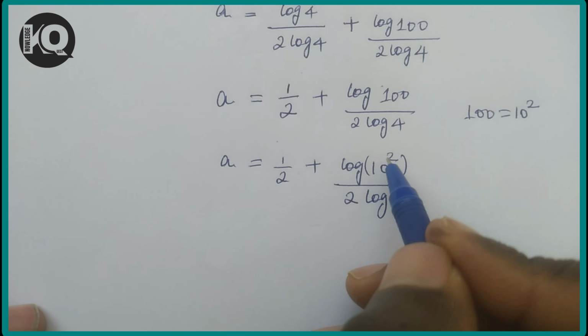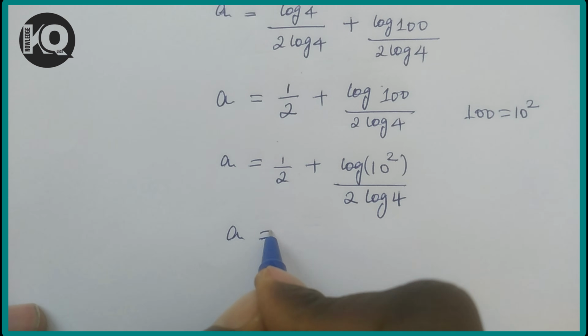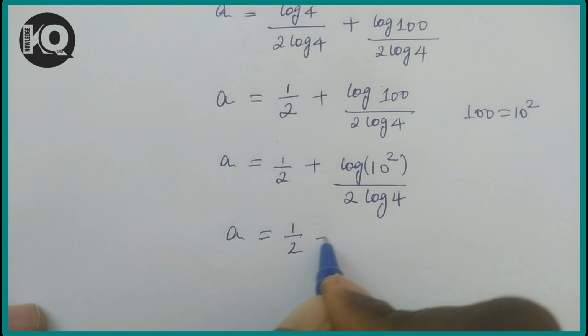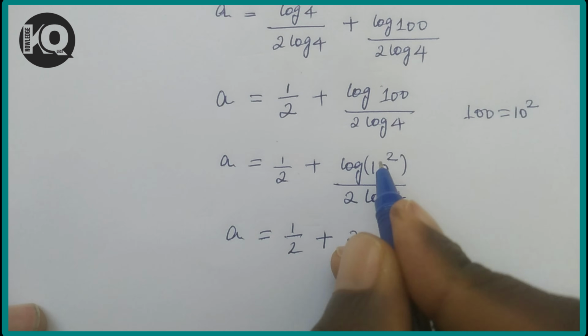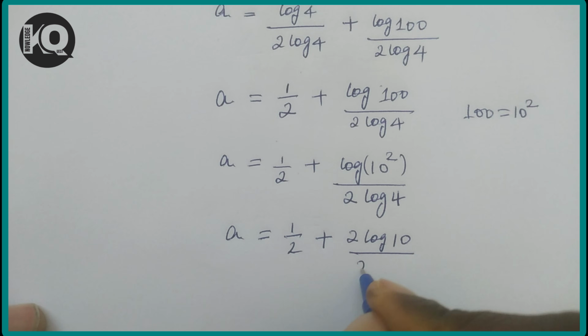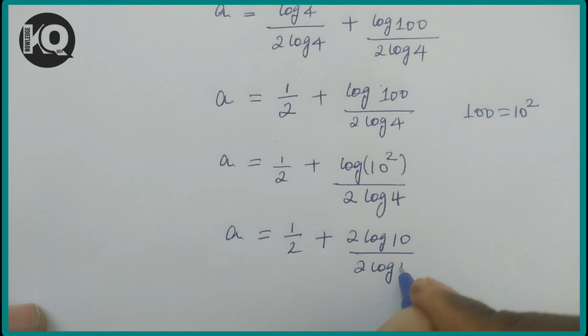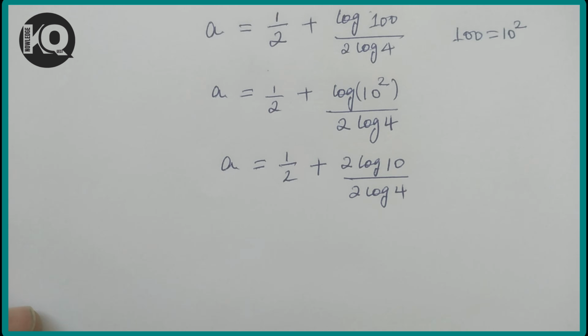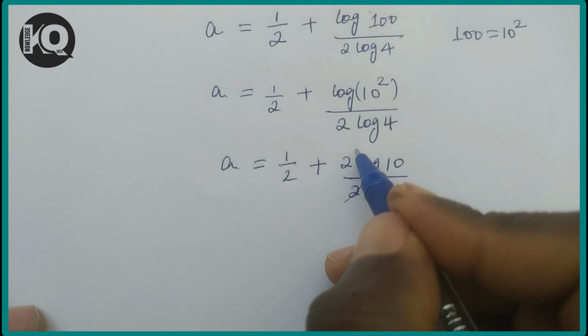Then this power will come to the front, a is equal to 1 over 2 plus 2 times log of 10 divided by 2 times log of 4. So as you have seen here, these 2 will be cancelled.